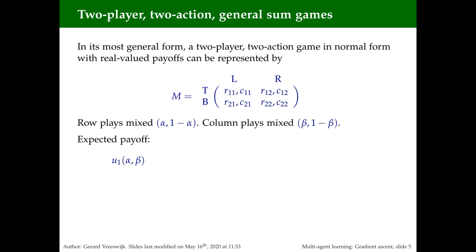With this information, these payoffs and these mixed strategies, you can actually compute, as you already know, the expected payoff. So the expected payoff for player 1, which is the row player, is the probability that he plays top times the probability that the column player plays left times the corresponding payoff, plus the probability that the column player plays right times the payoff which is obtained for the row player in that occasion, and so on.